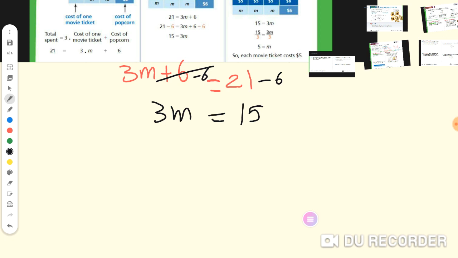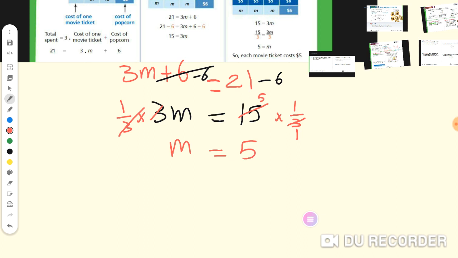Then I want to take off 3, so I will multiply by 1 over 3, the multiplicative inverse, and multiply the other side also by 1 over 3, okay? So 3 with 3 gives 1M, which means M equals 15 divided by 3, which is 5.